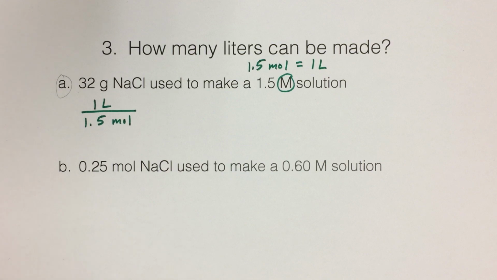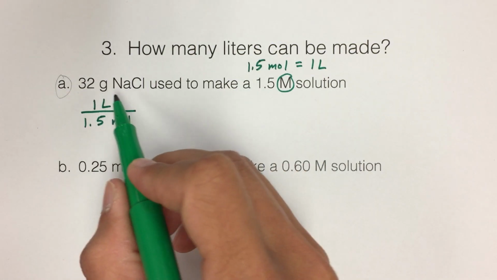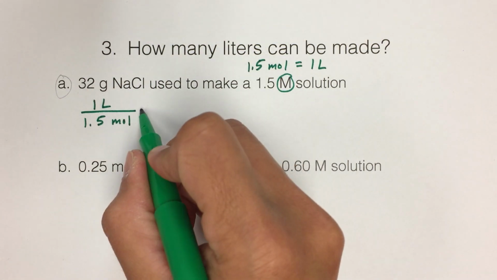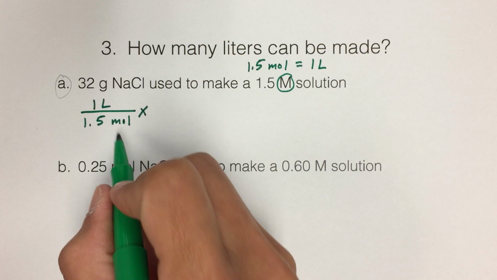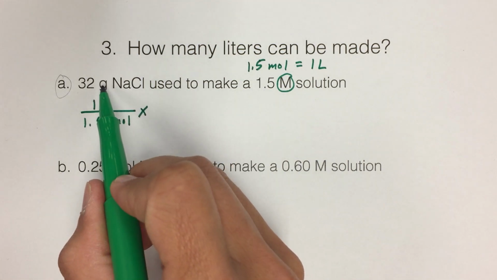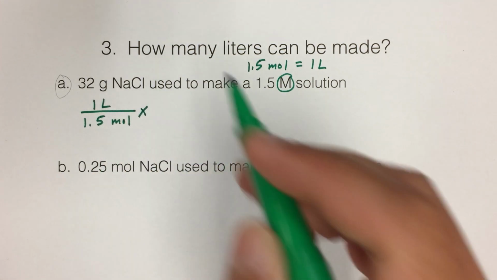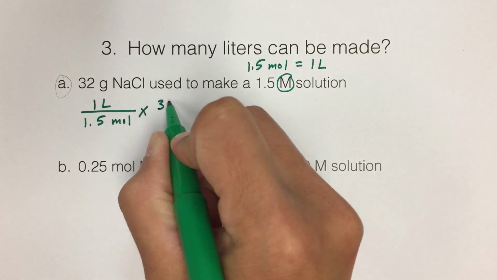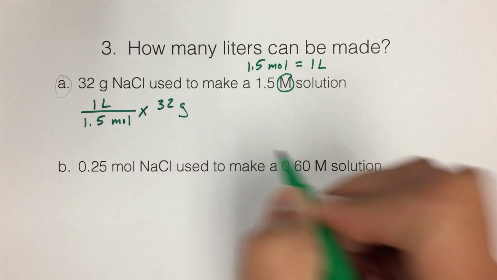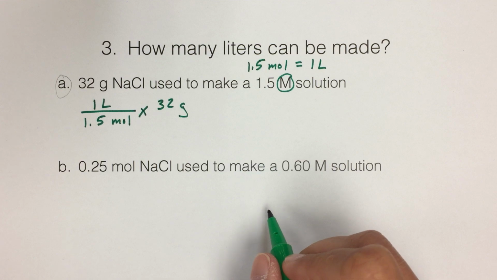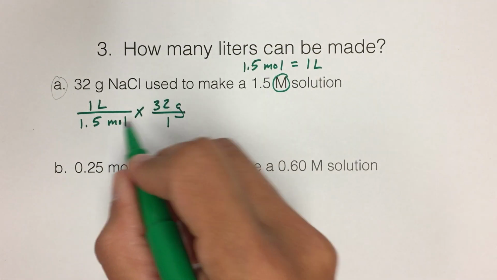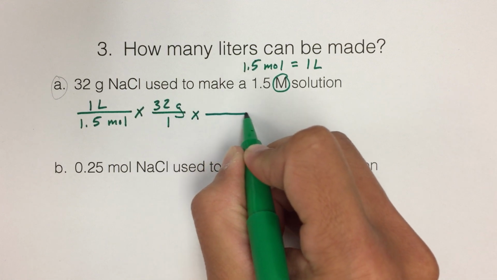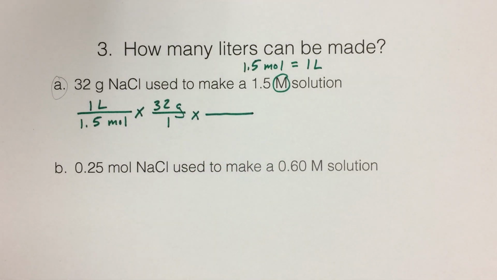And we need to cancel the moles here because we want a final answer in just liters. So we're somehow going to need to get rid of this unit of moles, and we can do that by using grams. We know that grams is related to moles. So similar to the last problem, if I put 32 grams here, I just put that because there are no other units. If you're uncomfortable, just put a 1 there. But moles does not cancel grams. You need a conversion factor that converts moles to grams, and that again is the molar mass.